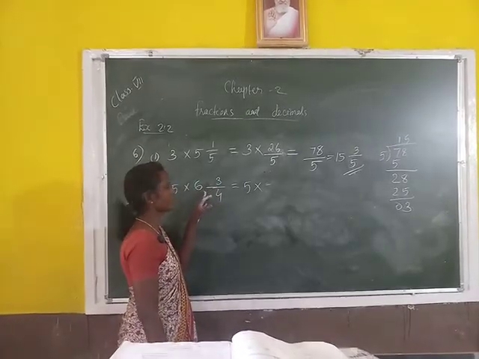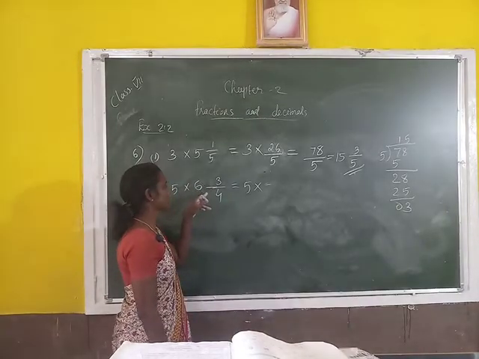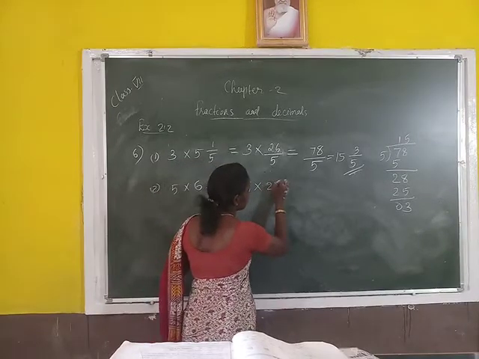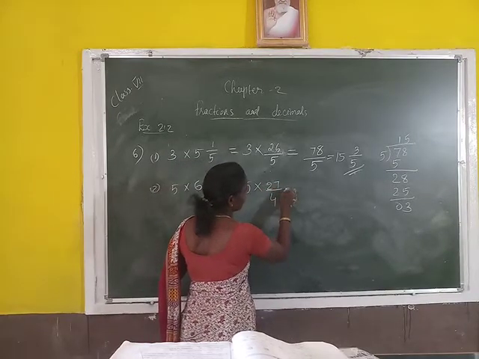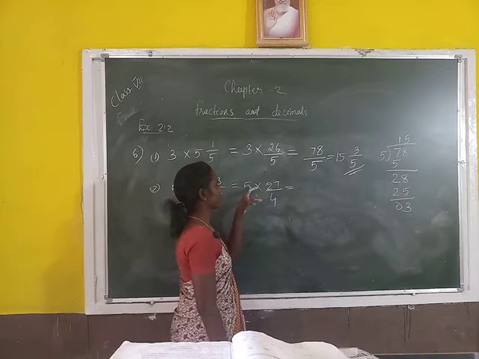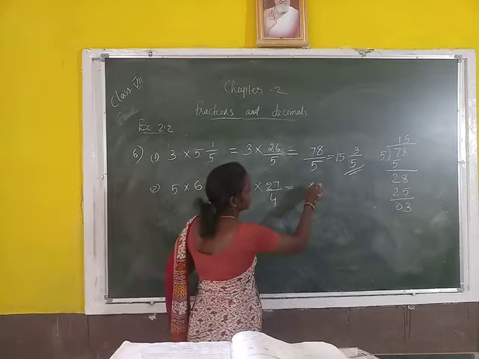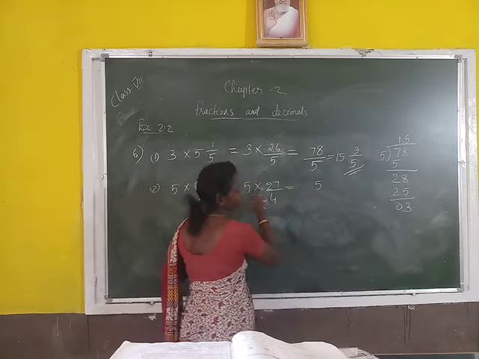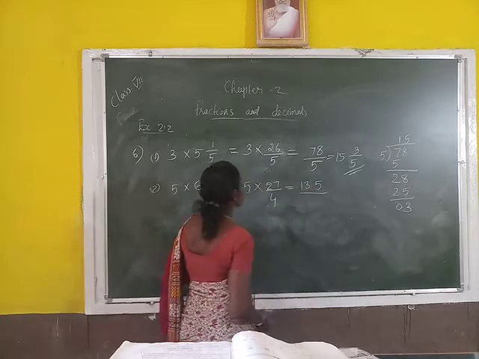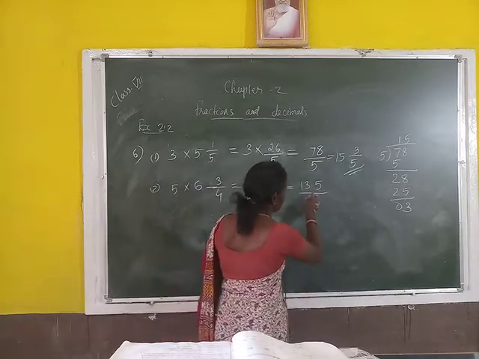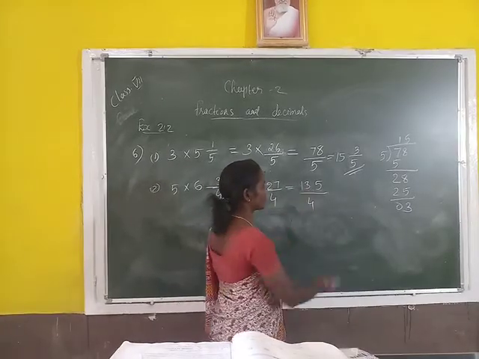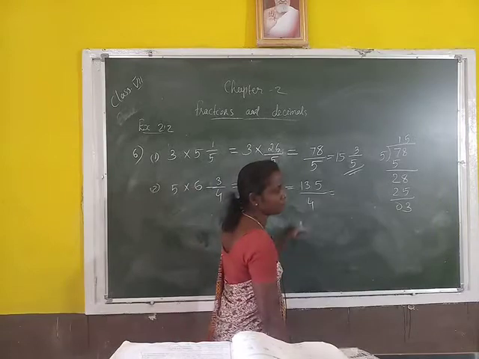So this mixed fraction convert into improper fraction. 6 4s are 24, 24 plus 3, 27 by 4. Then now you look, multiply. 5 7s are 35, carry 3, 5 2s are 10, 10 plus 3, 13, 135 by 4. This is which type of fraction? This is improper fraction. So this improper fraction we convert into mixed fraction.